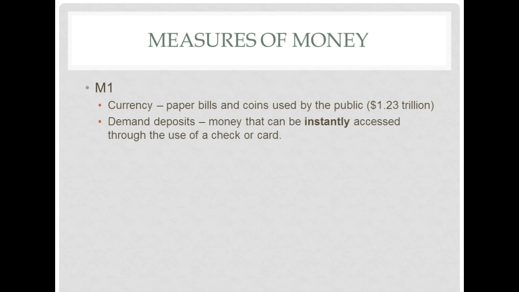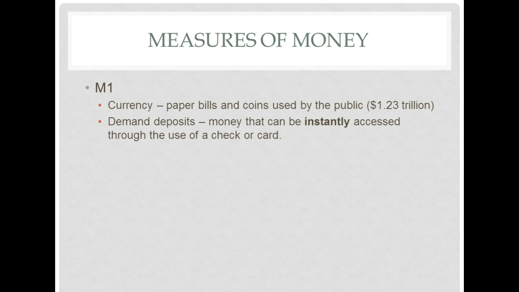The other thing is what's now called a demand deposit. We used to call this a checkable deposit. And the reason we did that was because demand deposits are money that can be instantly accessed through the use of a check or card, or frankly, even now, electronically.